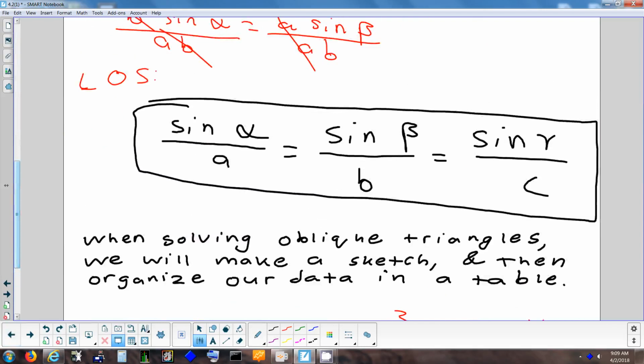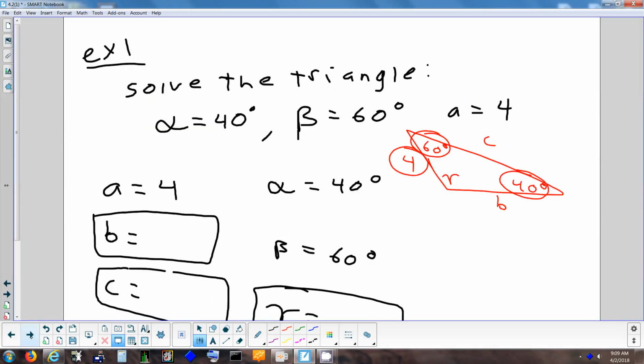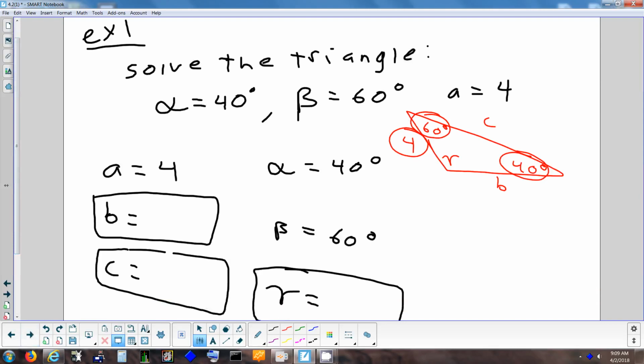So you either need to know this entire fraction, which means you have to know alpha and A, okay, that fraction, which means you have beta and B, or that fraction. 1 out of 3 of the fractions, you have to know everything. What does that mean in terms of setting it up in this table format? You have a row that's complete. If you have a row that's complete, like in this case the first row, that means you know 1 of the fractions completely.